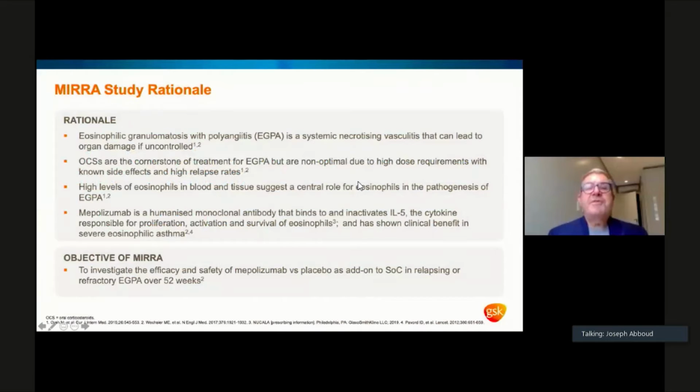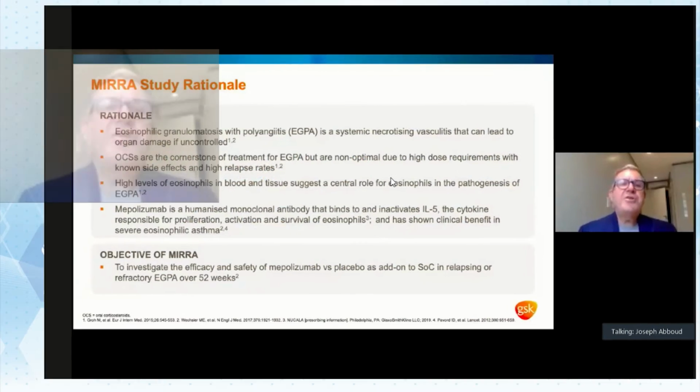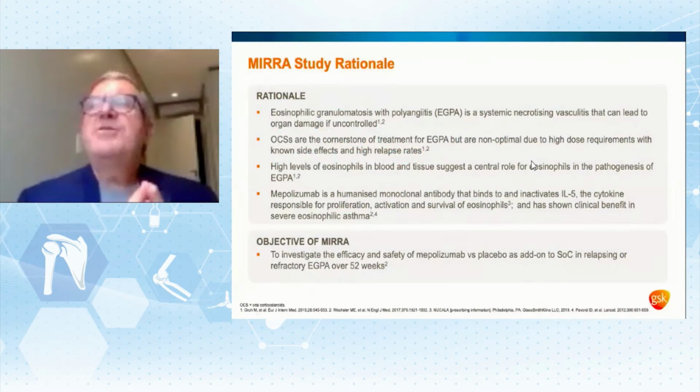OCS are the cornerstone of treatment of EGPA. However, they are not optimal due to the side effects that you have either with the courses of oral steroids or with the chronic and constant use of this medication. The cornerstone in the pathophysiology of EGPA is the infiltration of eosinophils in several tissues and a high number of eosinophils circulating in the blood.